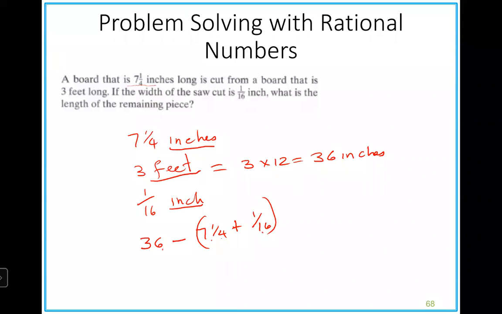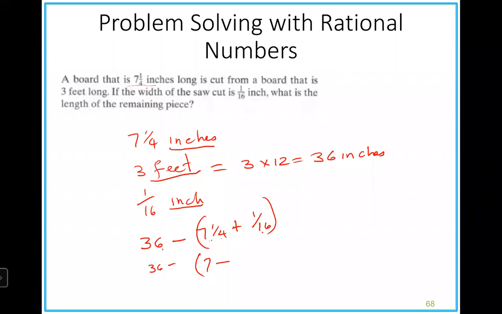16, okay. So now that's going to be 36 minus 7 4s, what's this? 28 plus 1, 29. Now in a case like this, you don't necessarily have to convert the mixed number into an improper fraction, because in this case we're not subtracting in the brackets, we're just adding them together.